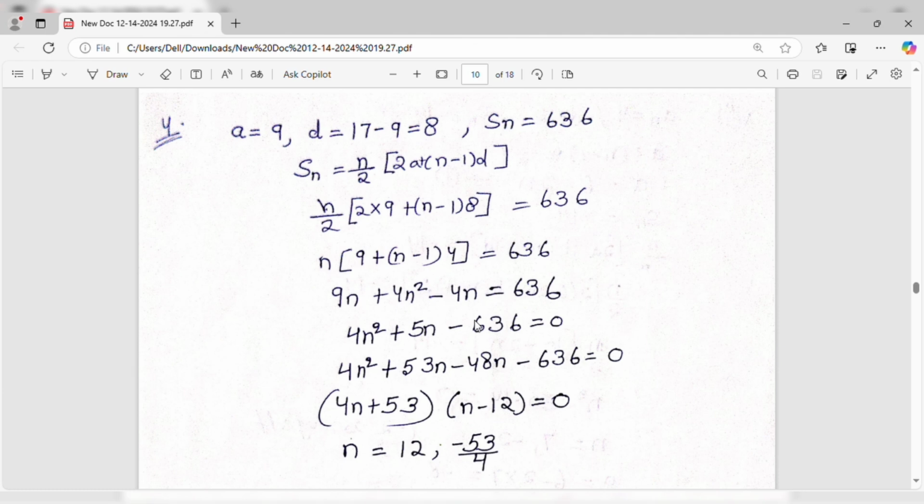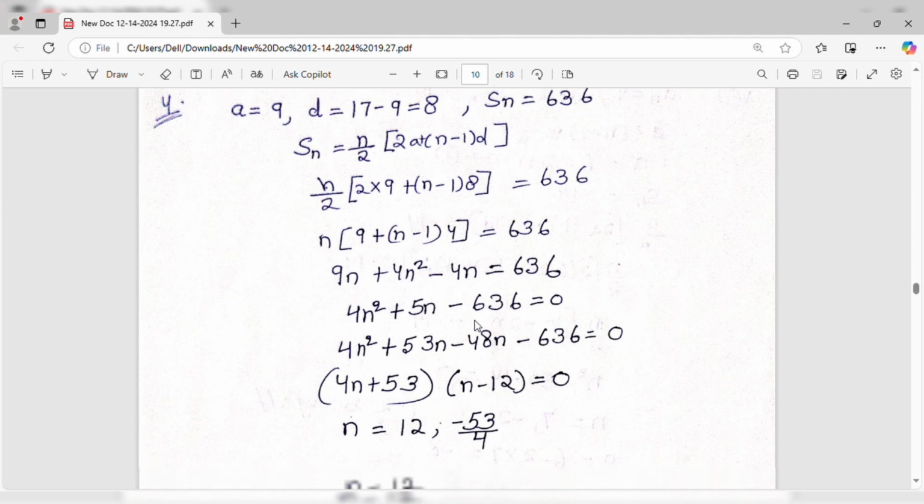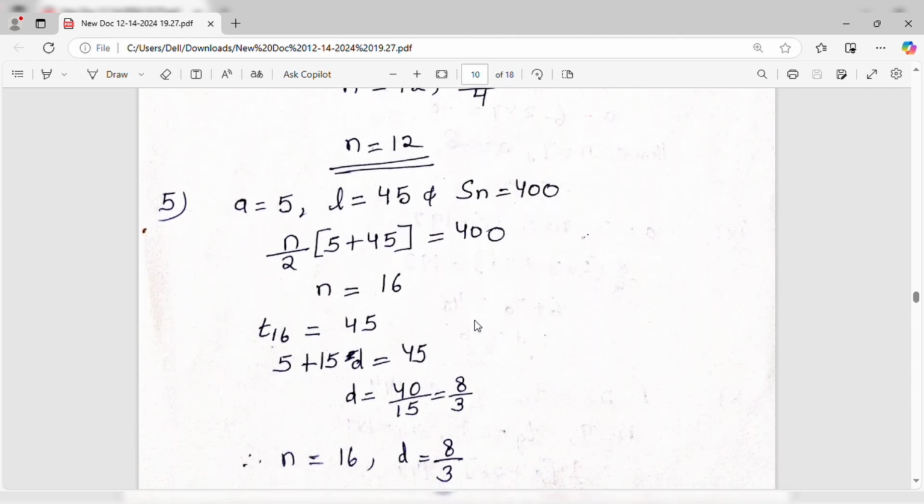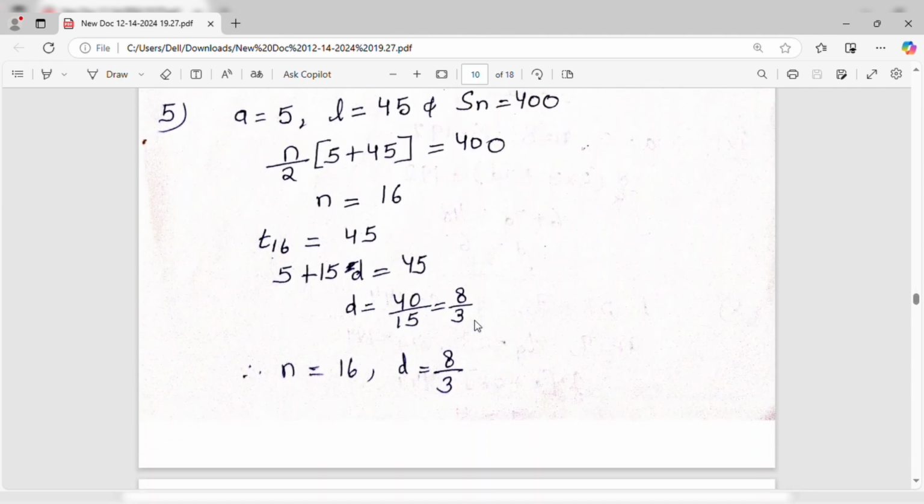In this case, we will get a quadratic equation which is 4n square plus 5n minus 636. By splitting the middle term, we will get n as 12 and minus 53 by 4. The negative value of n can be rejected. So we will get n as 12, so this AP has 12 terms.